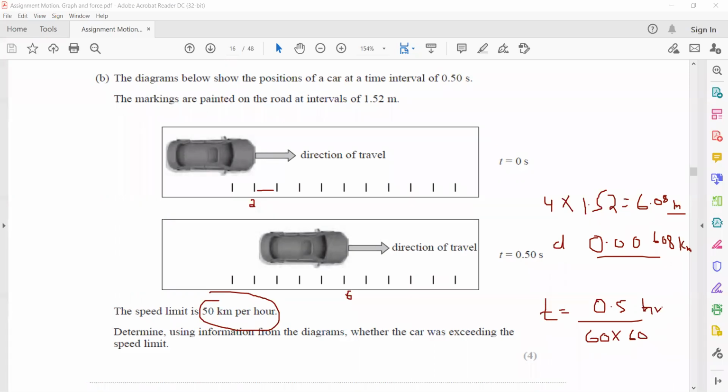When we solve distance divided by time, the speed comes out as 46 kilometers per hour. And the speed limit is 50 kilometers per hour. So the car is not exceeding the speed limit.